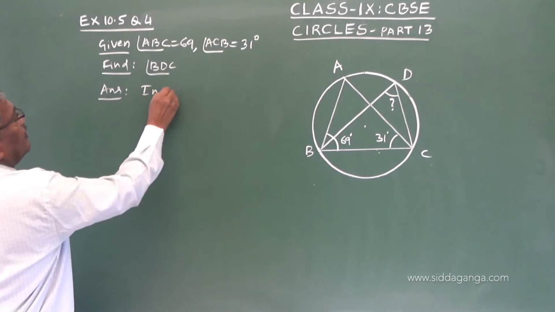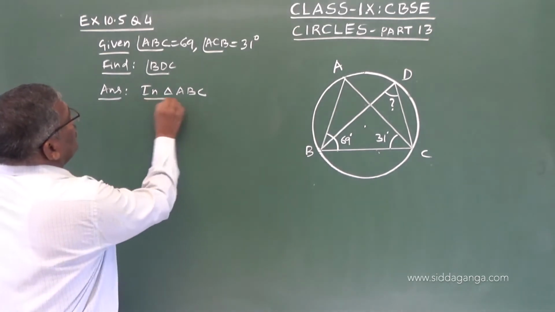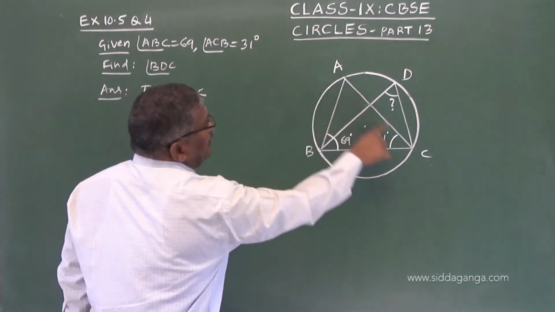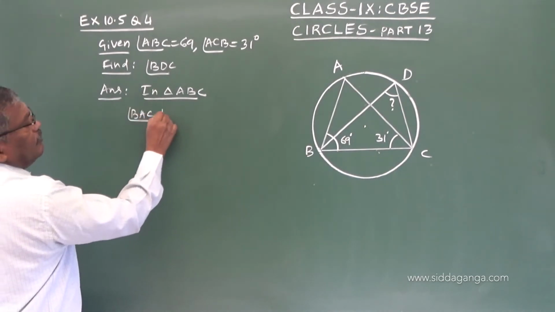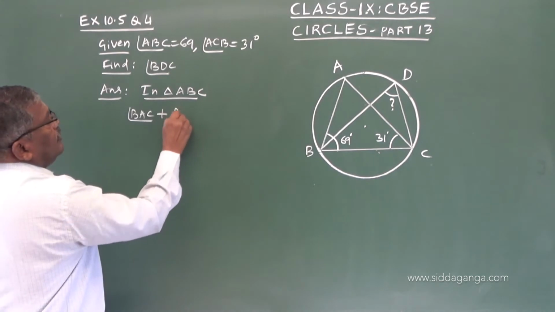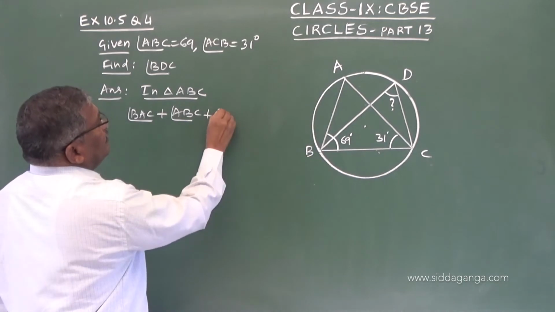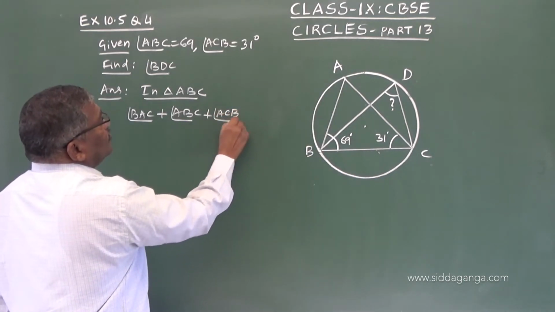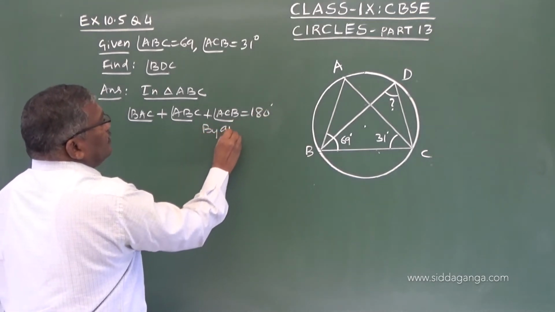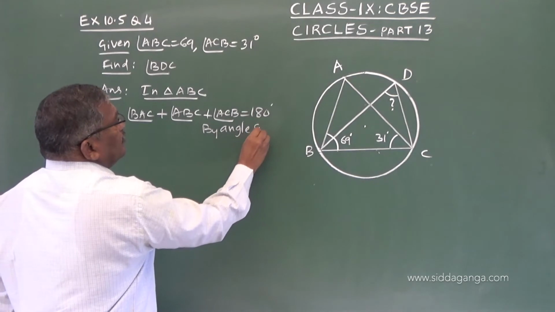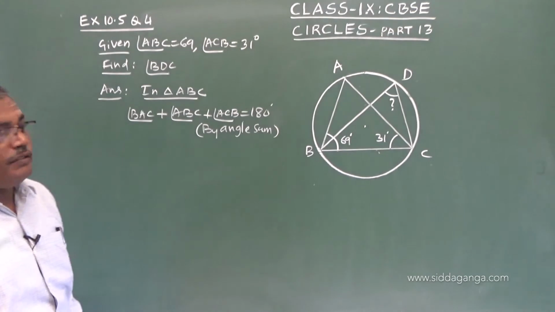In a triangle ABC, angle BAC plus ABC plus ACB must be equal to 180 degree by angle sum property of triangle, so that you are aware of it.